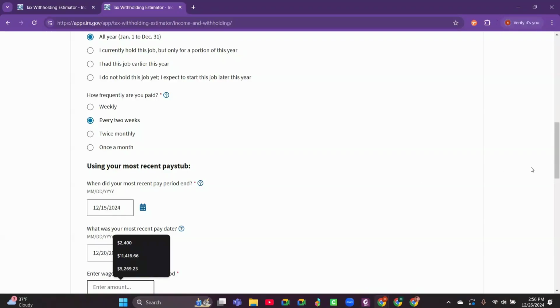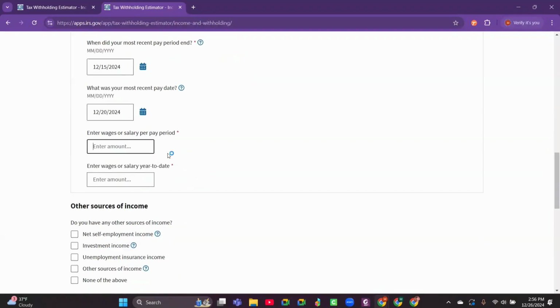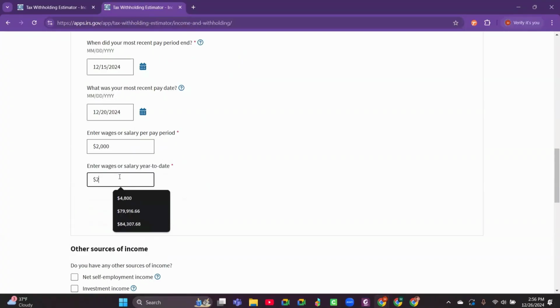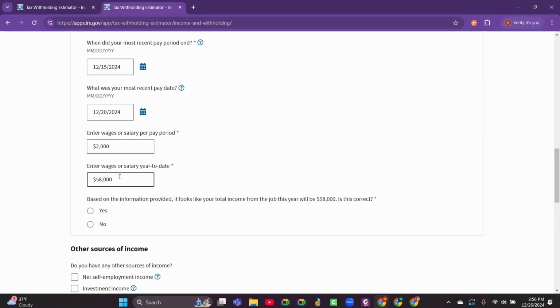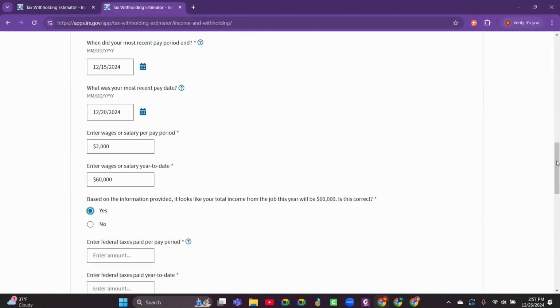We're going to say the wages for this pay period is $2,000. And we'll say that their wages year to date, which you'll see on their pay stub, is $58,000. So actually, we have how much? $60,000. Make it $60,000. Yes, that is correct.